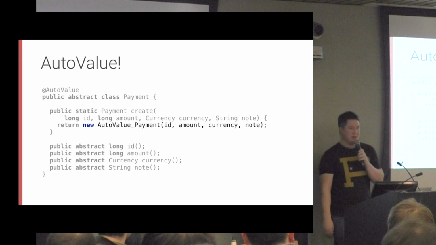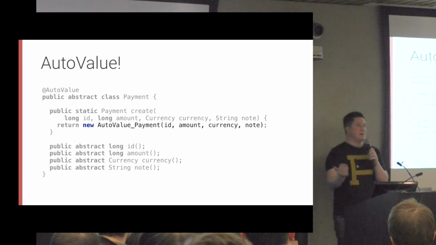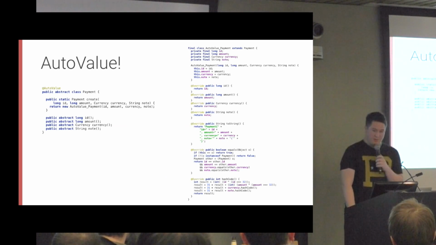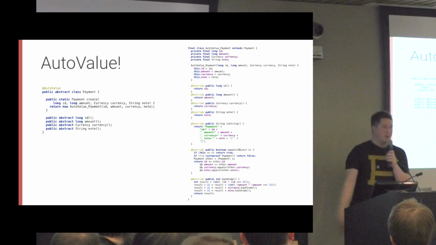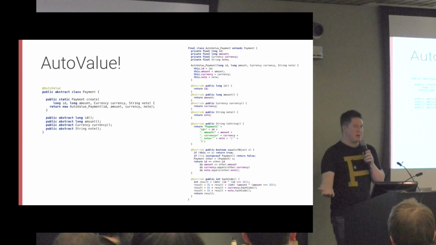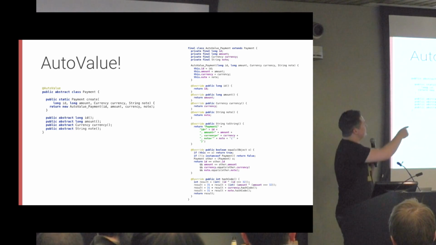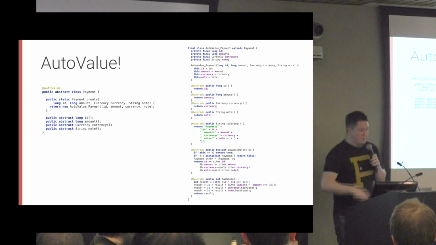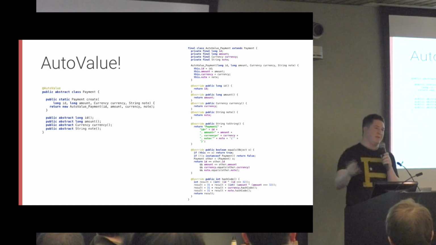It, by convention, is the same name as your class, except prefixed with AutoValue. And what is that? Well, it's all that crap that we didn't want to write, except now it's generated for us. It extends our class, so we have these 4 methods implemented, and all we have to do is reference it in that factory method.